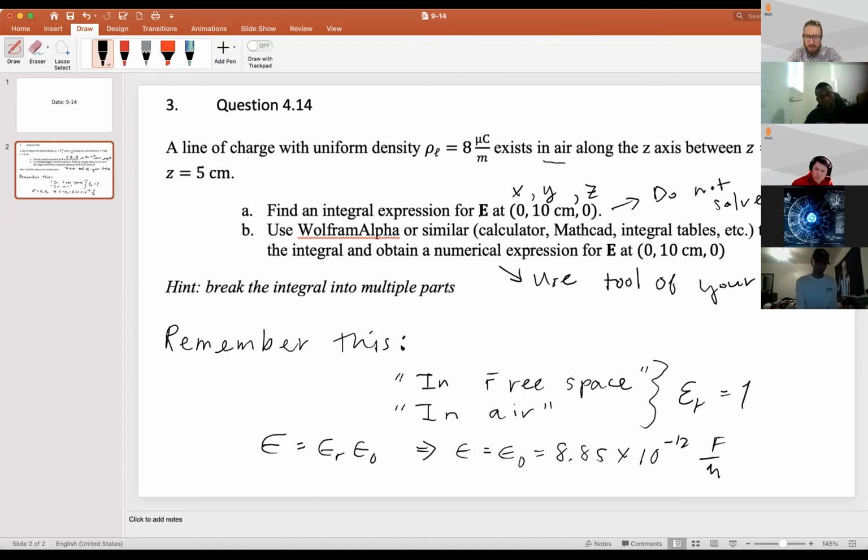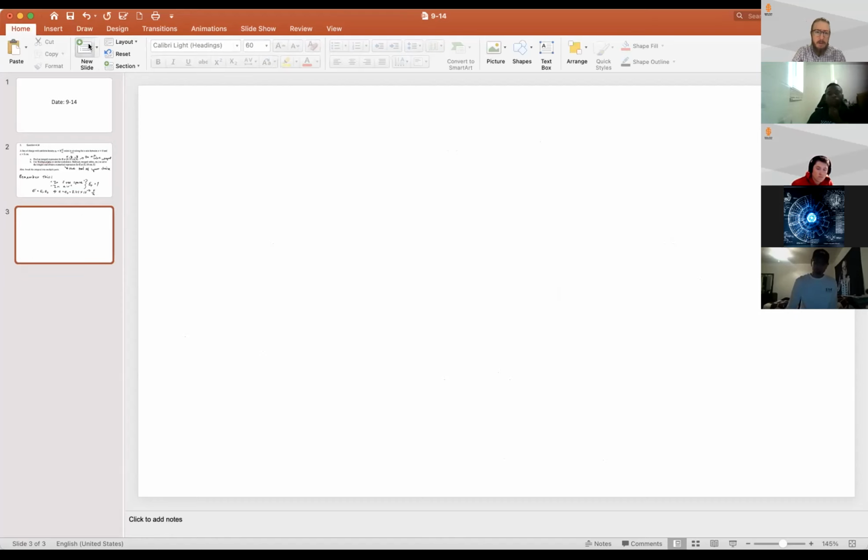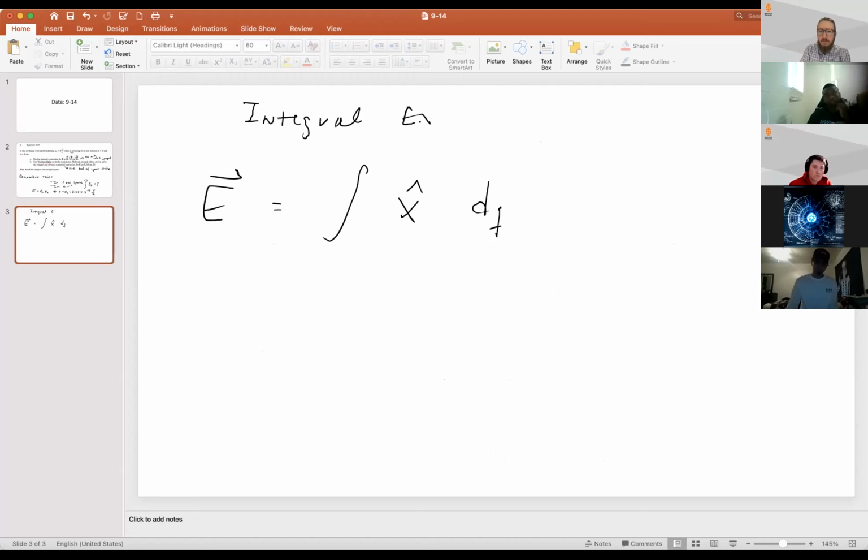So there will be some times in this class where arriving at the expression, and when I say expression, all that would mean is something like E equals this integral of your dQ, this would be your integral expression. There may be some times in this class where the final answer is just an integral expression because we won't be able to actually solve it. All right.